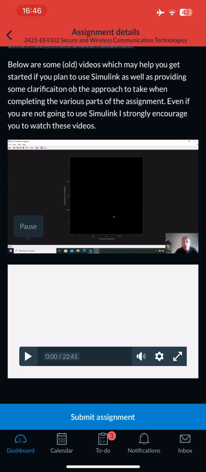In our simulation, we had 10,000 steps. At each step, a random integer between 0 and 15 was generated, which would correspond to one of these points on the constellation diagram. That waveform effectively would have been simulated as being transmitted.